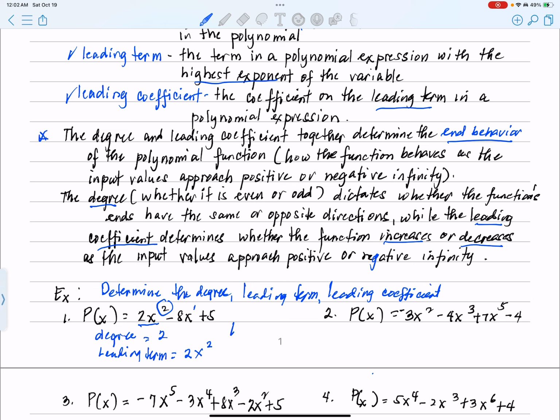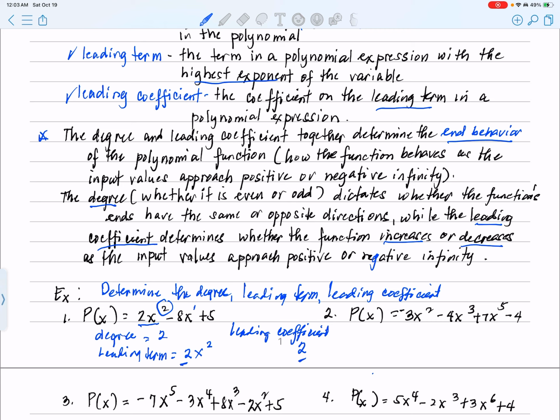Leading coefficient. Okay. So what is the leading coefficient here? It says that the coefficient on the leading term is the leading coefficient. So our leading term is 2x squared. So the coefficient, which is 2, is our leading coefficient. So that answers number 1.